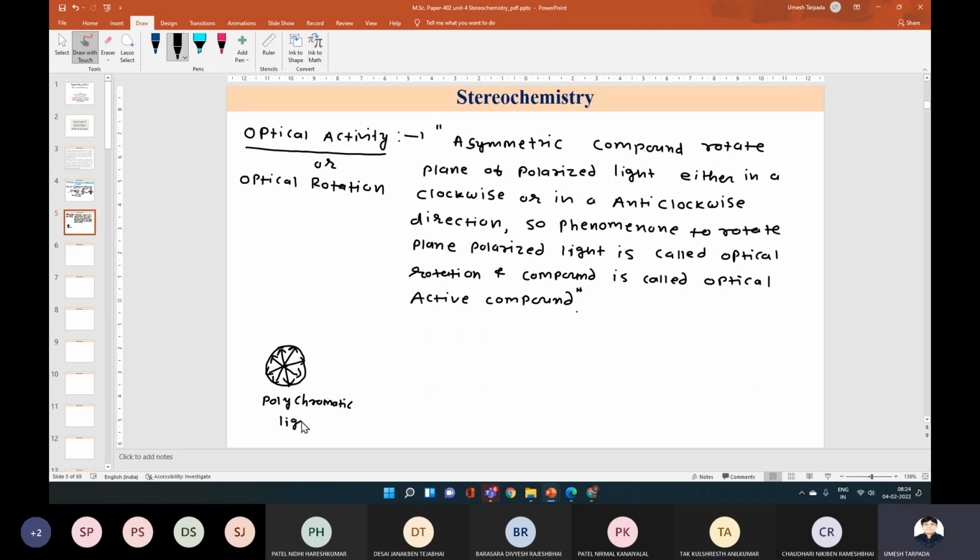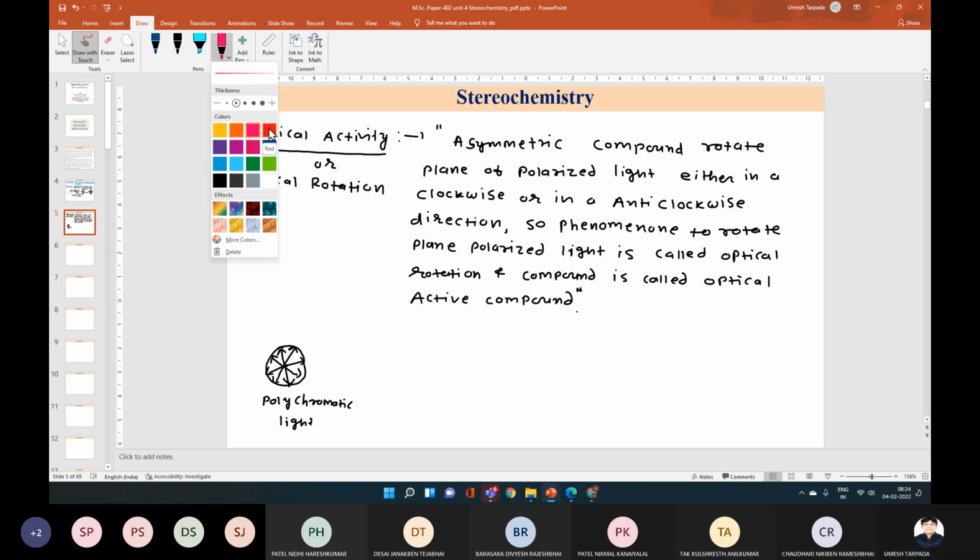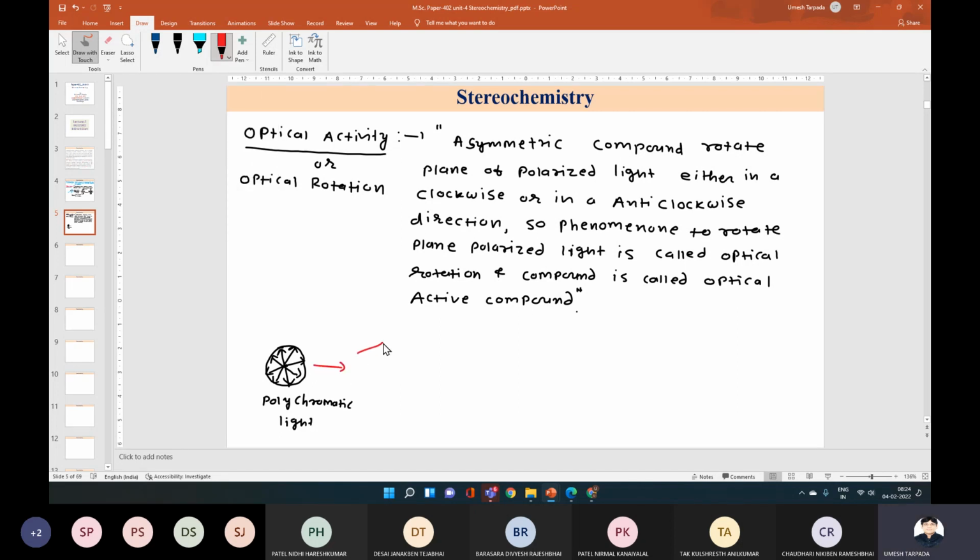And polychromatic light is not useful for getting optical rotation. So you require a filter. You can pass this light through a particular filter, a nickel prism or monochromator.